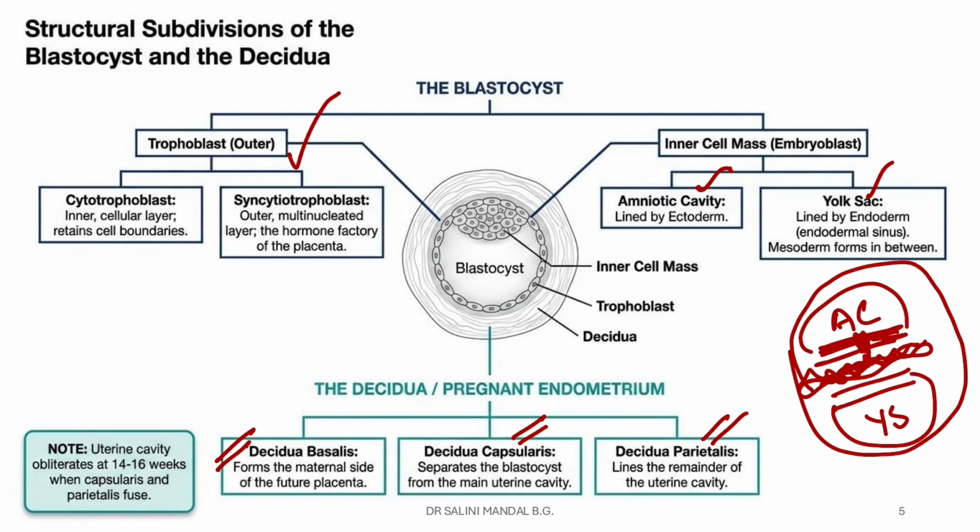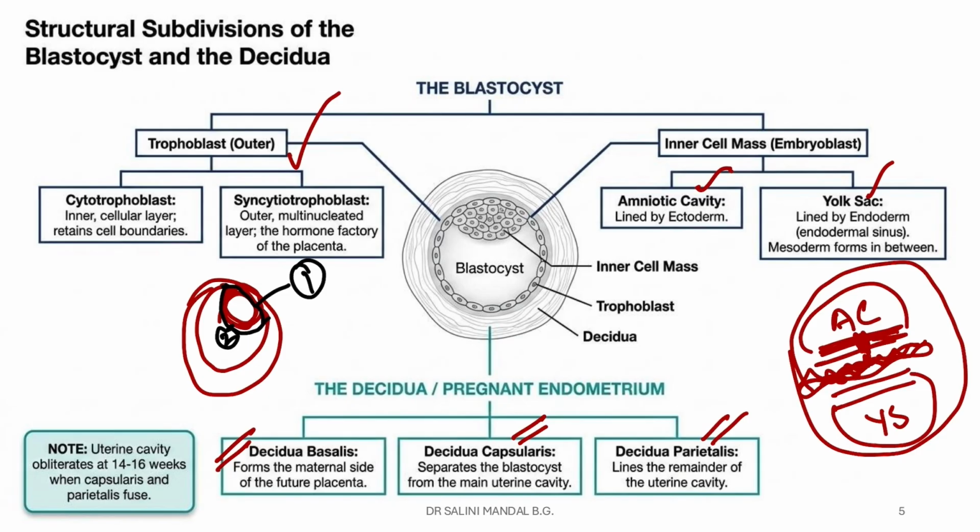Okay, so for example, I'll show you. Suppose here the black one, imagine this to be decidua. The one which I mentioned as number 1, this particular part is basically the decidua basalis, which is the maternal side of the future placenta. Number 2 which I am showing is the decidua capsularis.